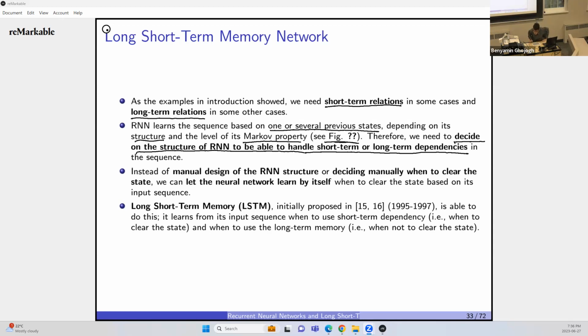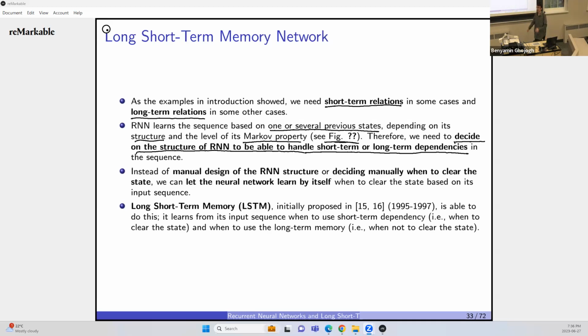Then someone said, why do I modify it manually? I train a network to learn it itself. How to modify the network in a way that it learns long-term dependencies if required, and learns short-term dependencies if required. Let the network learn it by backpropagation itself.